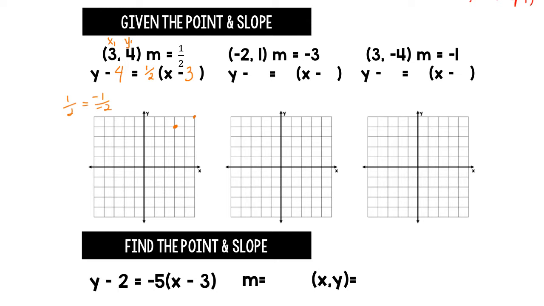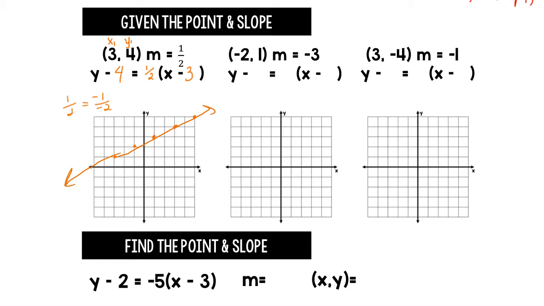So we can go up 1, right 2, or we can go down 1, left 2. We make 2 negative moves. It's the same as 2 positive moves. So we really only need 2 points, but having a lot makes it easy to draw a line. And there you have it. That's the line. Let's do another one.